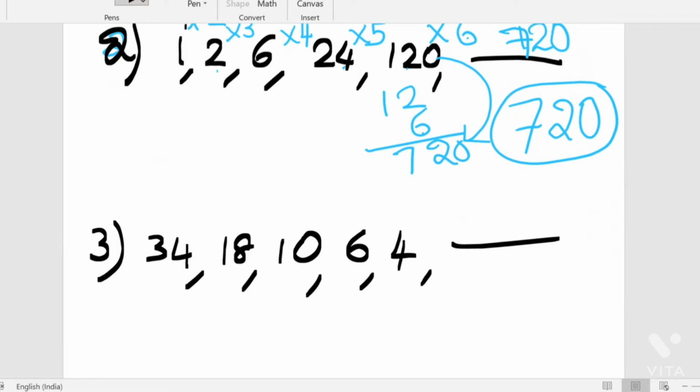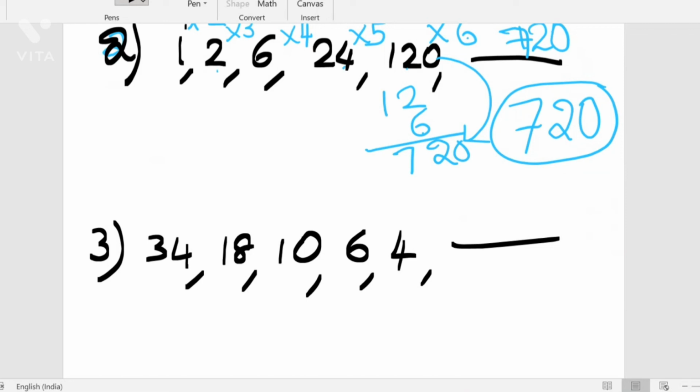In the second problem it was increasing randomly; here it is decreasing randomly without any addition or subtraction. Something is different here, so we should think about multiplication or division. As the number is decreasing, you should think about division. Something is dividing to get the next number.